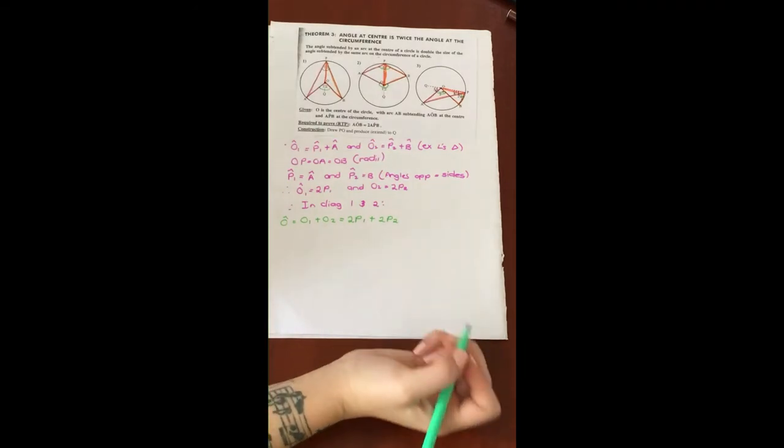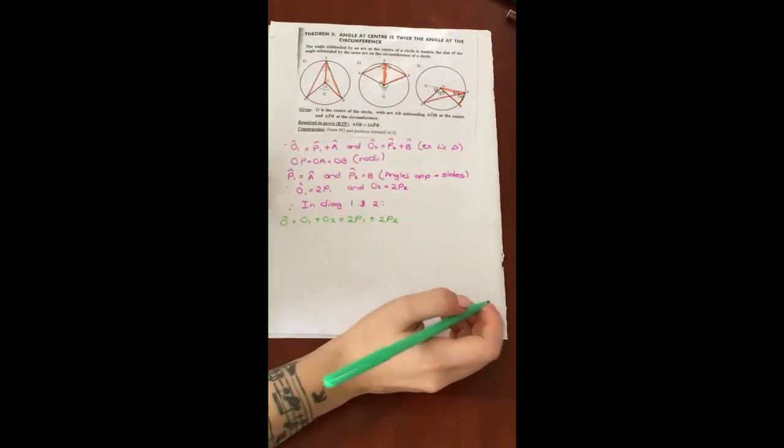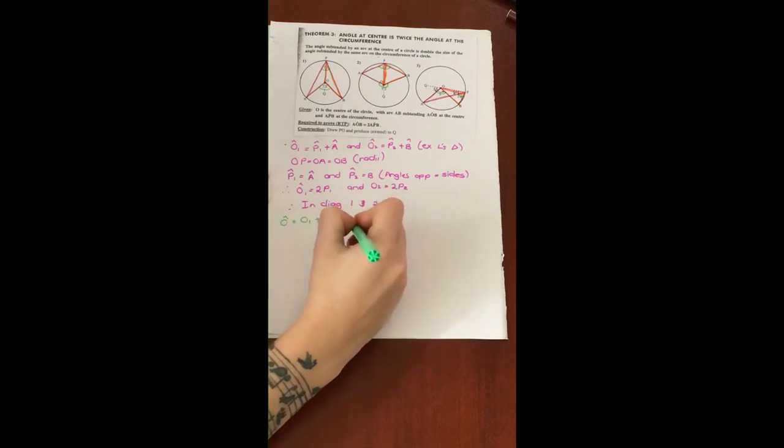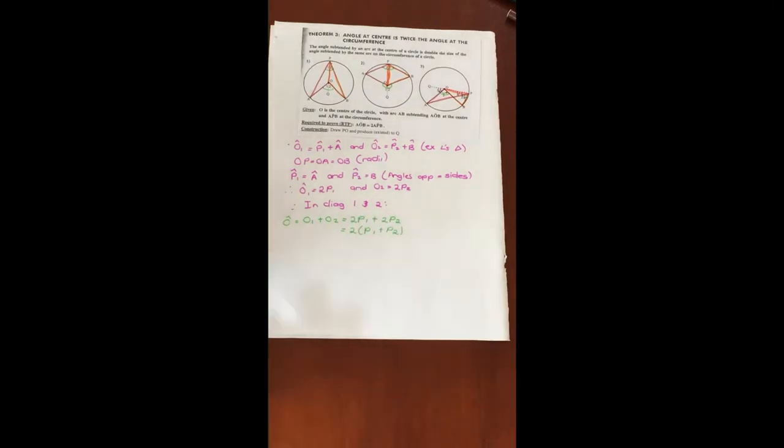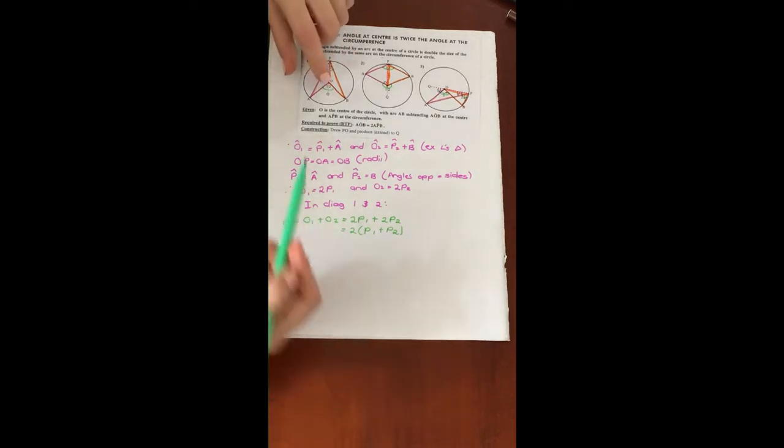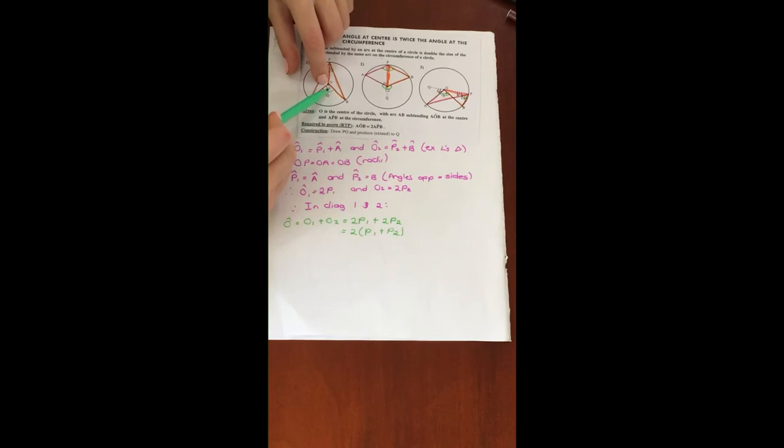Which could then be factorized. Do you guys see there's a common factor of 2? So this is equal to 2 times P1 plus P2. Okay, do you see that we have proved what we need to prove? Because you've now got that O1 plus O2 is equal to 2 times P1 plus P2, and you were looking for that.